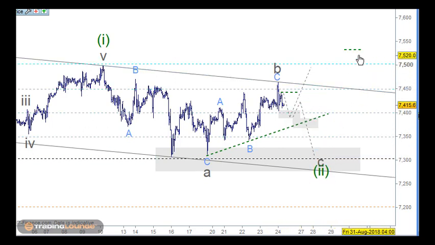So if this becomes the support, we definitely need to be building long trades on this here, because if this count is correct, where I've got 1s and 2s, 1s and 2s, 1s and 2s here, then the market's going to move quite swiftly from this point onwards. Once it gets support here, it will move fast. So we need to be on that, need to be onto that.